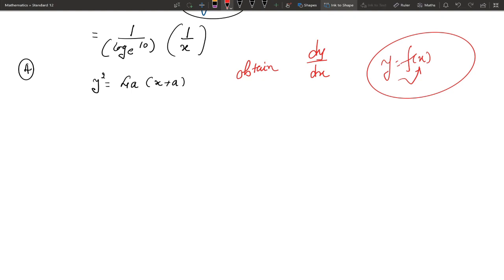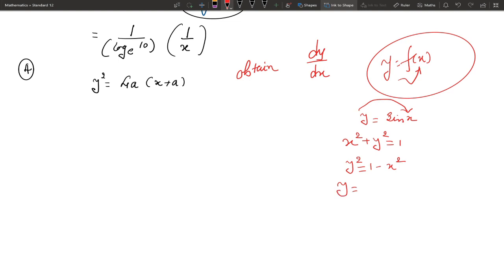We always assume that y is an implicit function of x. Say here if we write y equal to sin x, this is an explicit function, directly y is a function of x. But when we write x square plus y square equal to 1, here y is given as an implicit function of x, because from this you can get two functions, y square equal to 1 minus x square.